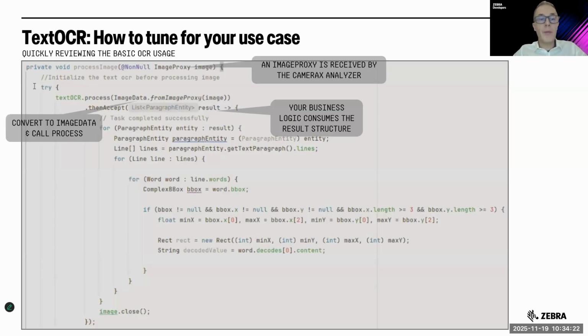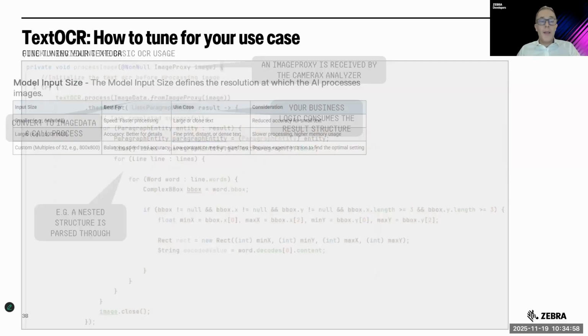The results are returned as a list of paragraph entities in the case of the text OCR, which means that you can subsequently parse in a loop the nested structure made of paragraphs, lines inside a paragraph, and words inside a line, and finally decide what to do with the final word. The decoded value in this example is the word identified by the OCR.